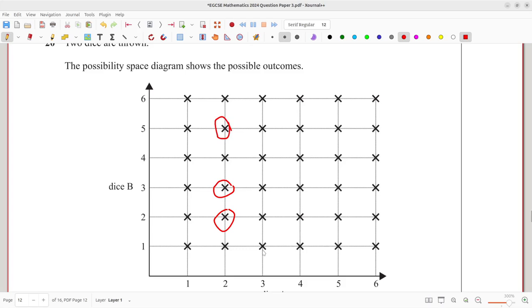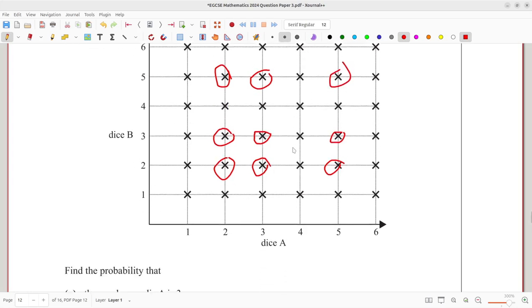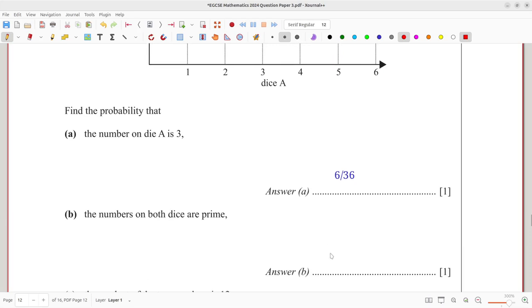Next, let's come here. 3 and 1, 1 is not. 3 and 2, they are both prime. 3 and 3, both prime. 3 and 5, they are both prime. Let's check this one. All of these ones are out because 4 is not a prime number. Let's check 5 and 1. 1 is not prime. 5 and 2, and then 5 and 3, and 5 and 4 is out. 5 and 5, they are prime. So as the total, that's 9 on 36.